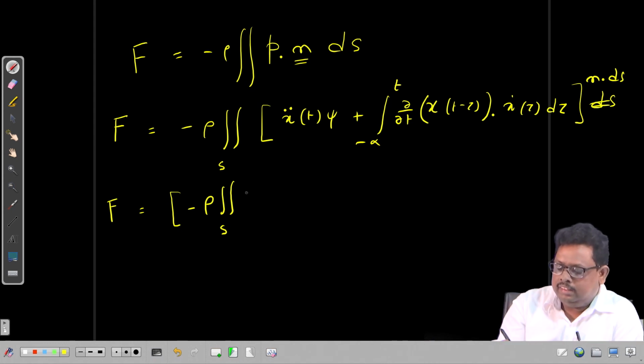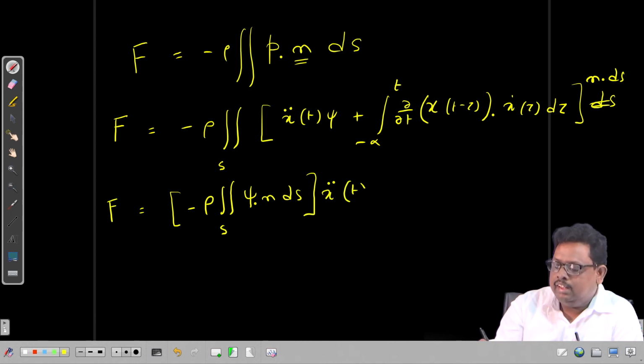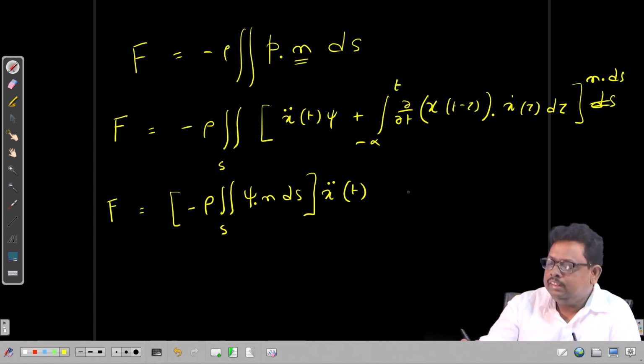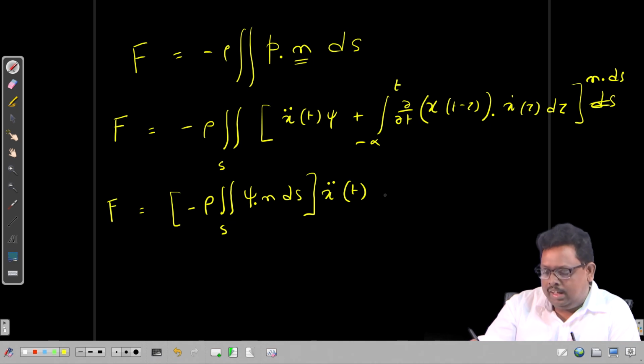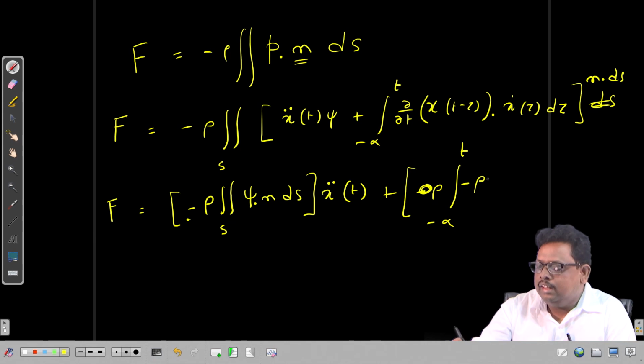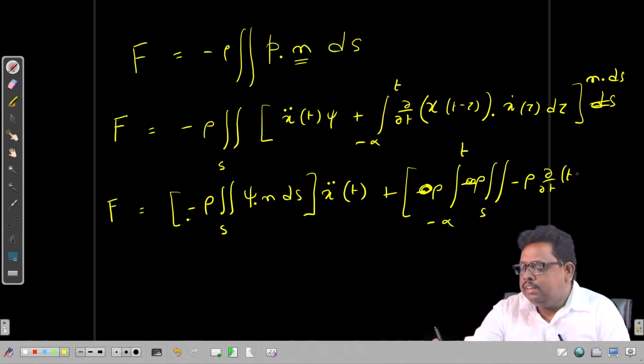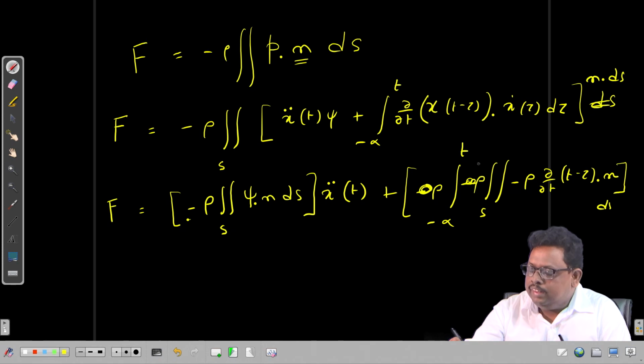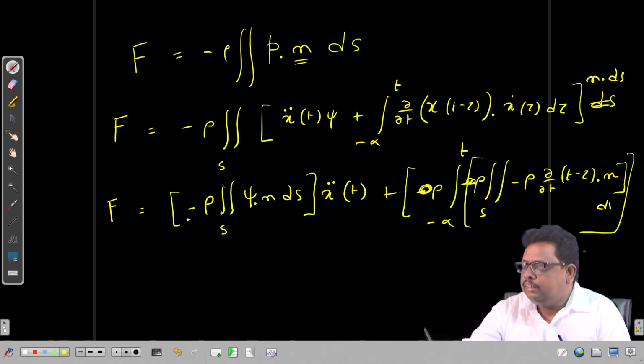So, then it is psi dot n into ds, and I multiply x double dot T. For the second part, it is minus over here, so I make it plus and then minus rho, minus infinity to T, and then I do the surface integral over S, minus rho, then it is del tau, T minus tau multiplied by the n, right, in ds, and then everything here should be multiplied by x dot tau into d tau.